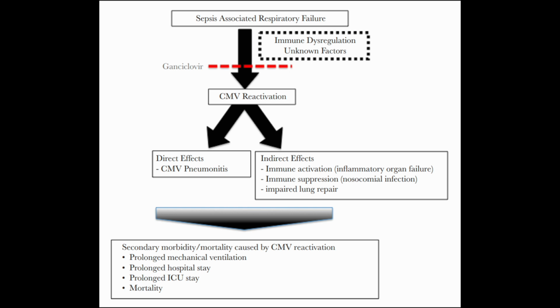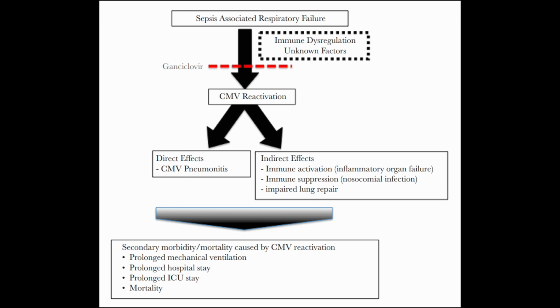So this is a flowchart which shows sepsis-associated respiratory failure, which results in immune dysregulation and various unknown factors as of now, which can be terminated by ganciclovir, but this is a theory as of now. We are not sure whether this intervention is going to save lives. So this immune dysregulation results in CMV reactivation.